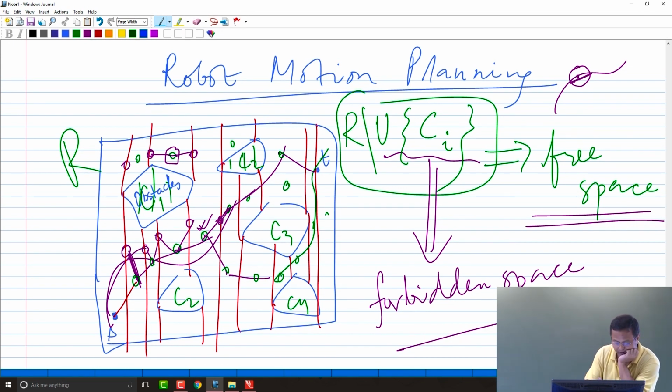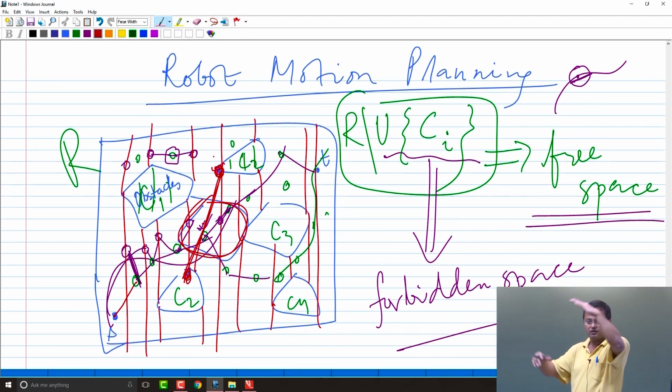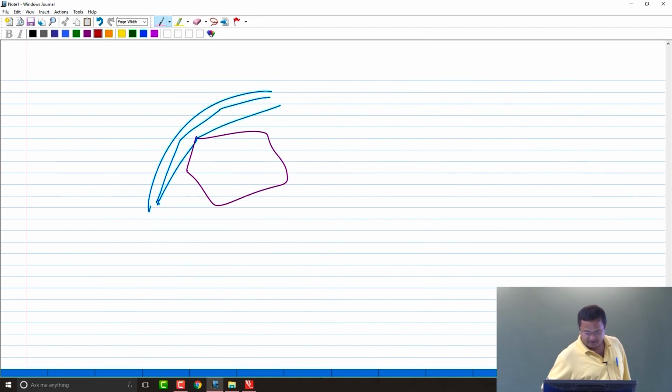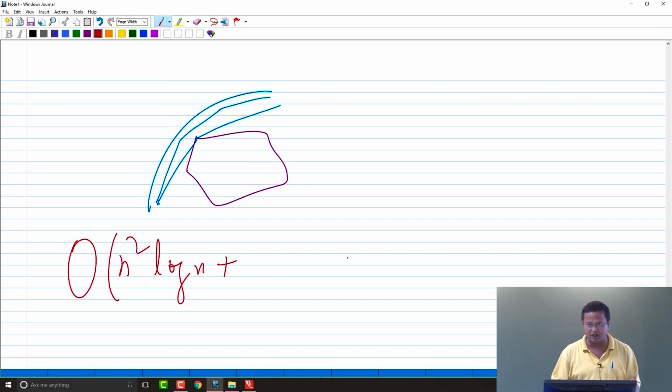So say for example, if you have a polygonal obstacle like this, then this vertex is not visible to this one because of this polygonal obstacle. So what you do is form the visibility edges. So what can be a trivial algorithm?